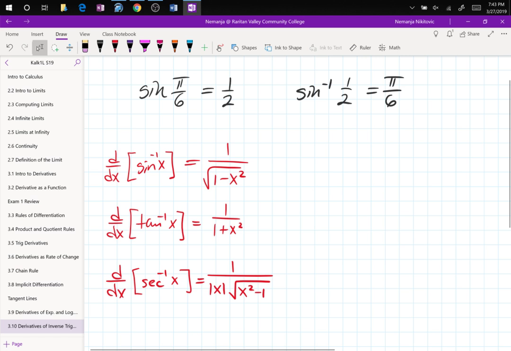Now, the other 3 will have the same formulas, just with a minus sign. So I'm just going to change sine into cosine, tangent into cotangent, secant into cosecant, and put negatives everywhere. To save time here, I'm just going to copy this and then make those few changes.